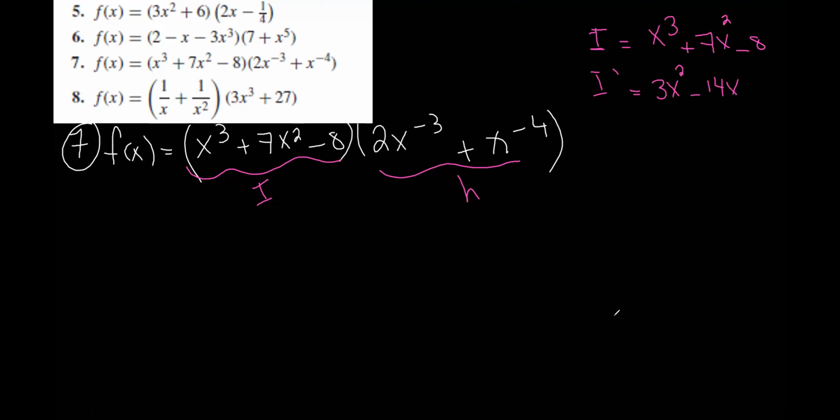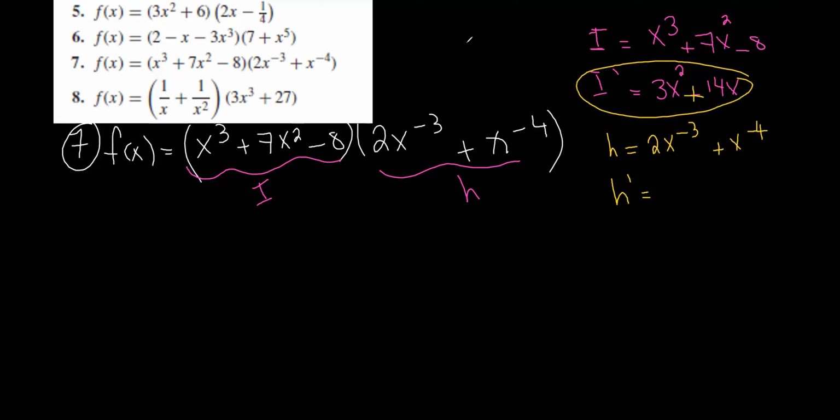Thank you. This is I prime. Now h is 2x to the negative 3 plus x raised to the power negative 4. Plus 14x. Thank you. This is now I prime.